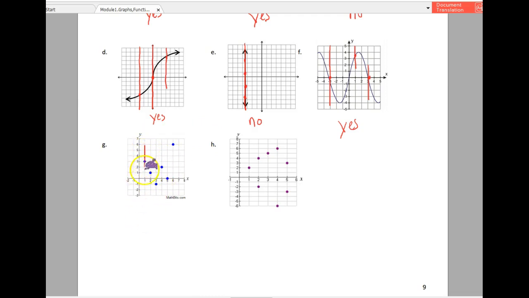So a function can be a collection of points. Touches it once. If I draw through here, touches it once, touches it once. All of these, there's no repeats. No matter where I draw that vertical line, it's only touching it at one place. Yes, this is a function.